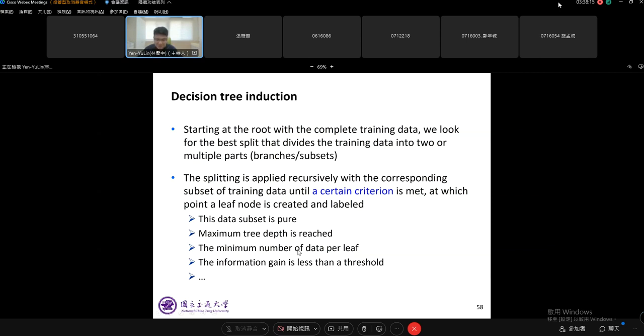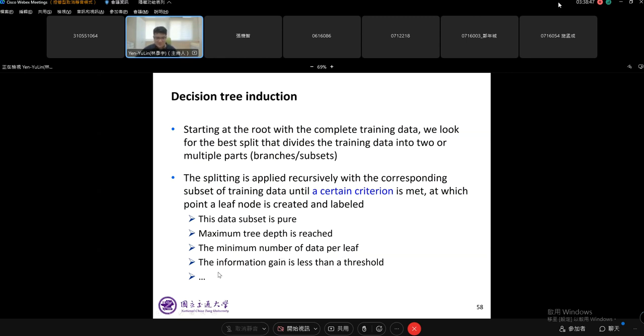So to prevent this issue, we can predefine the minimum number of data points for a further split. Say 20 examples. If a node consists of less than 20 examples, a further split is not allowed. So this node will become a leaf. Okay, so this is the third criterion.